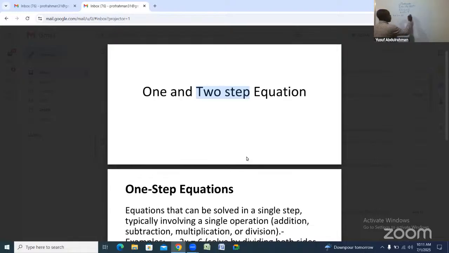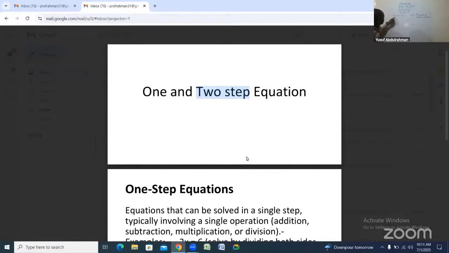Now, note the opposite of addition is subtraction. This is very important. The opposite of addition is what? Subtraction, when dealing with linear equations or one-step equations. So we have x plus 5 equals 10.